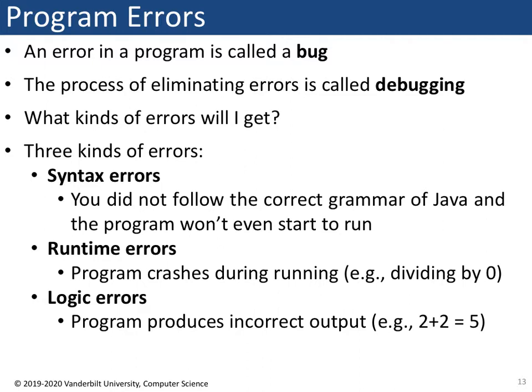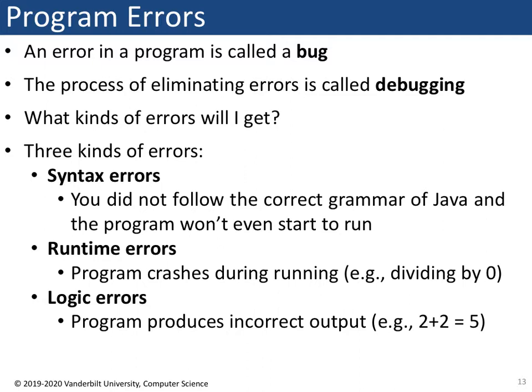I alluded to this already, but there are 3 types of bugs you're going to have, 3 types of errors. Syntax errors, which is where you broke the rules for a language. So you didn't use the right punctuation, you didn't end the line with a semicolon, or you didn't use a period operator to access the system.out.println.